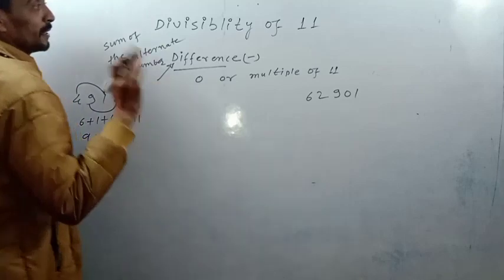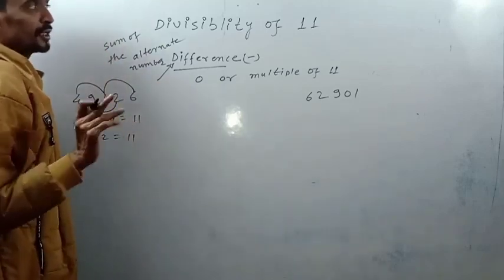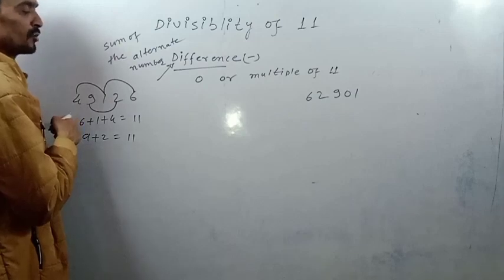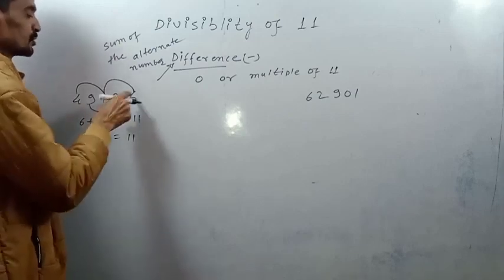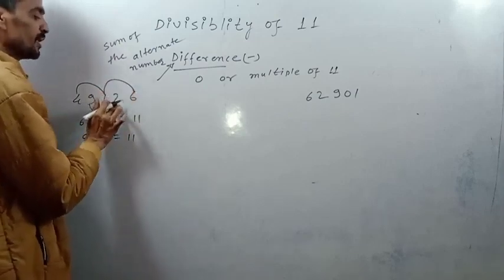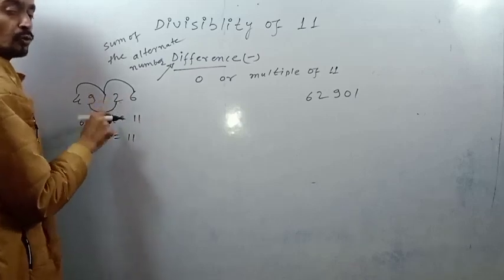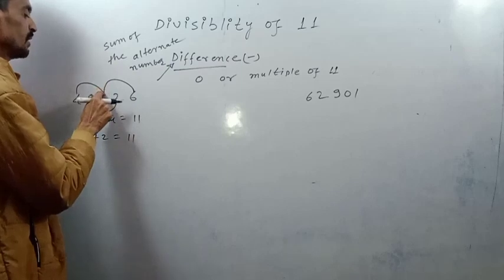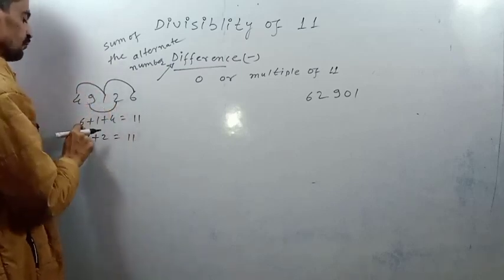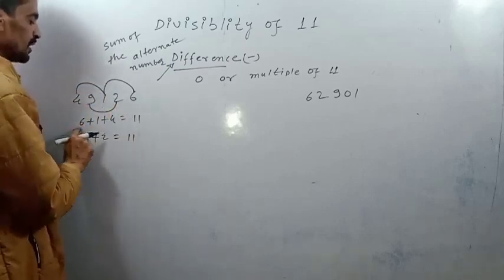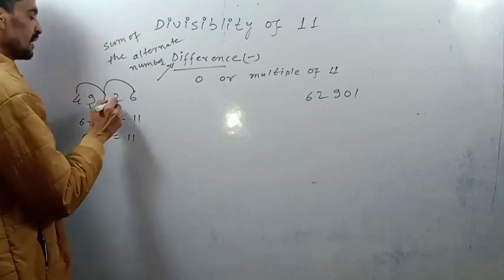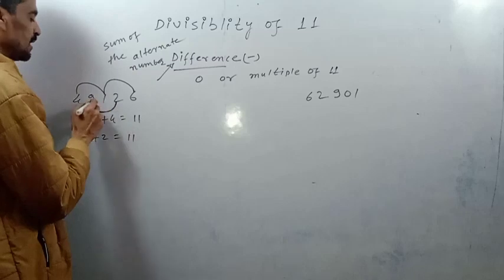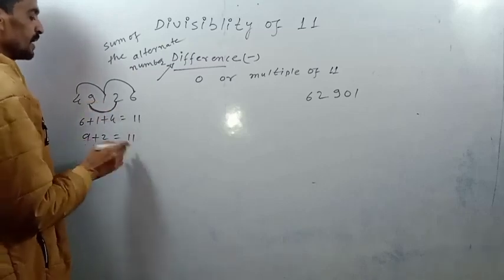So when we are checking the divisibility of 11 of the given number, we need to find the sum of the alternate numbers. For alternate, we leave one number in between. So 6 pairs with 1 and 1 pairs with 9. We have done the sum of these alternate numbers, it is 11, and then leave the number in between and pair the other numbers and do the sum like this: 9 plus 2, it is 11.